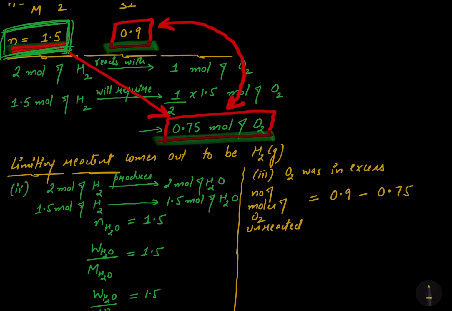So the number of moles of O2 unreacted were 0.15 moles of O2 left unreacted.